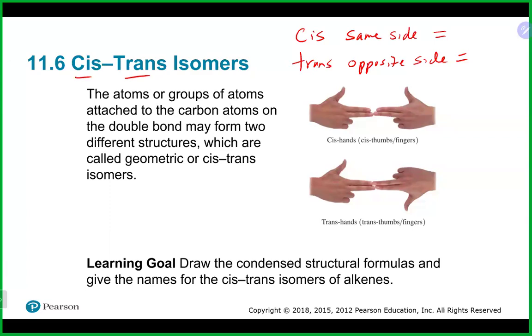When you put a double bond into place, essentially it locks everybody into place and you lose that ability to freely rotate around the two carbons. Because of that, you end up with groups near the double bond that get stuck in a particular location, either on the same side of the double bond or opposite sides of the double bond.